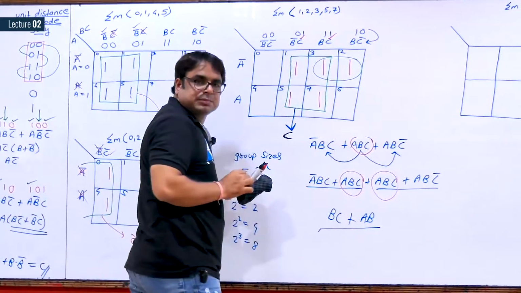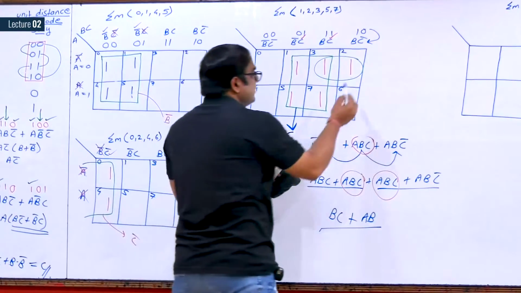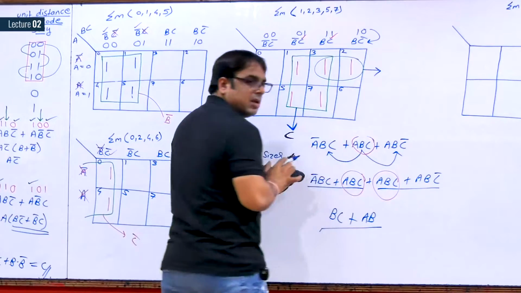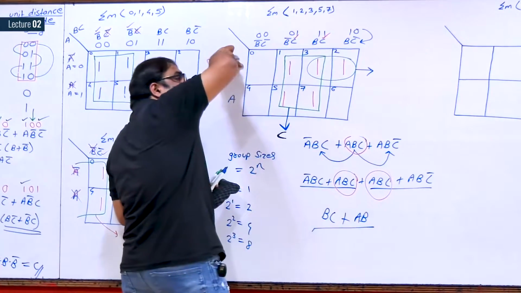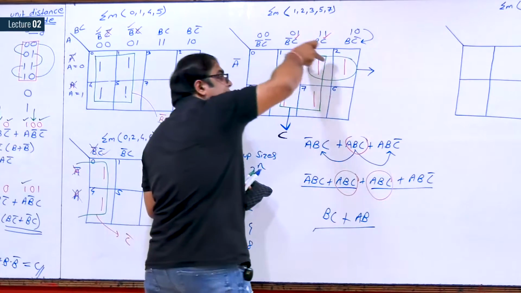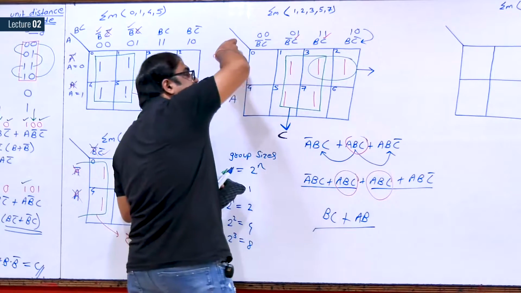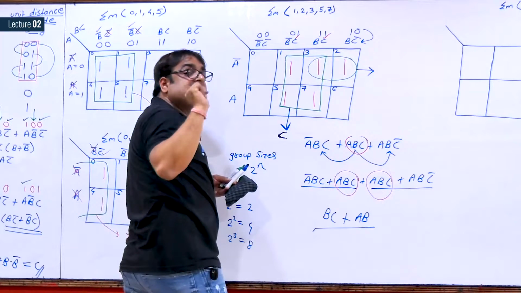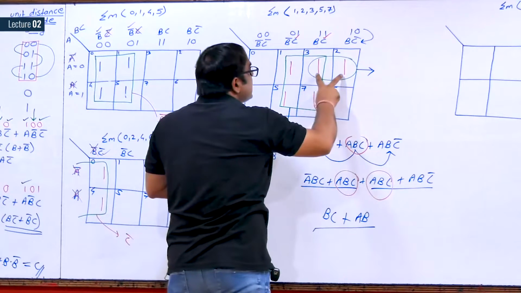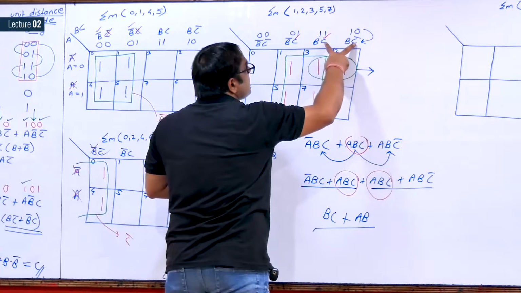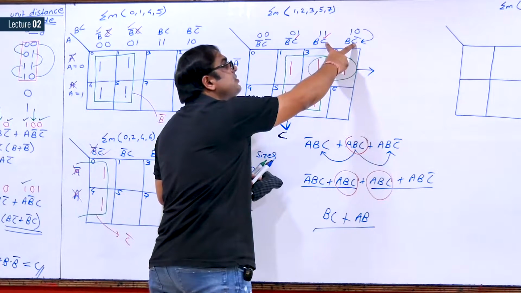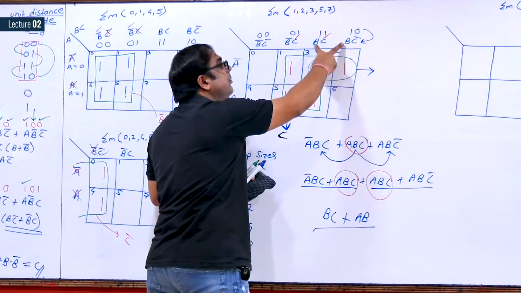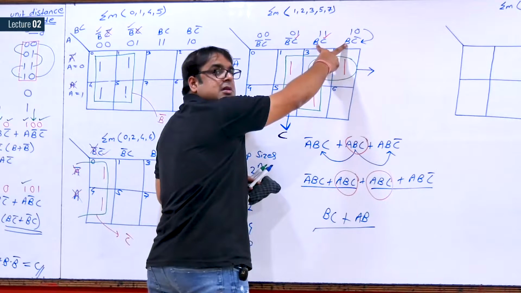Now come to this pair. For this pair, A complement is common. What is changing? C and C complement, C is changing. C is changing means B is common.